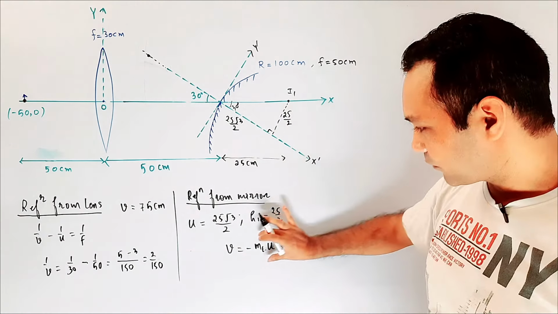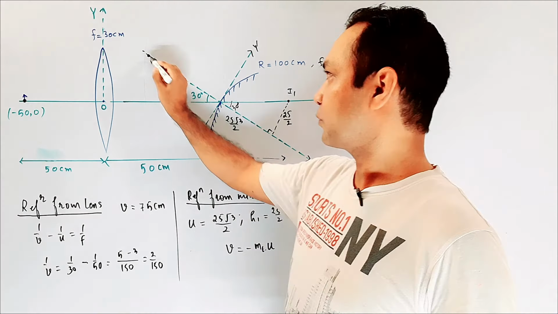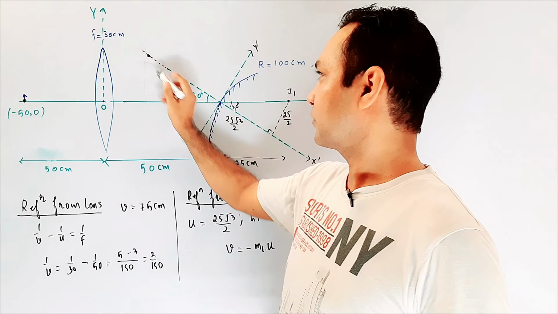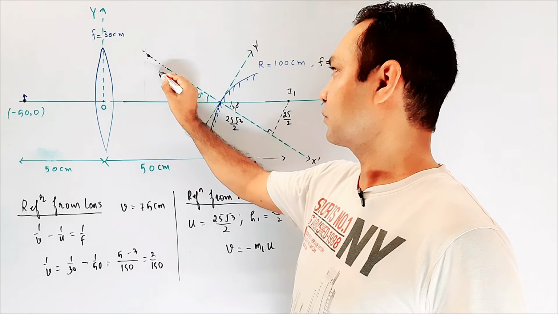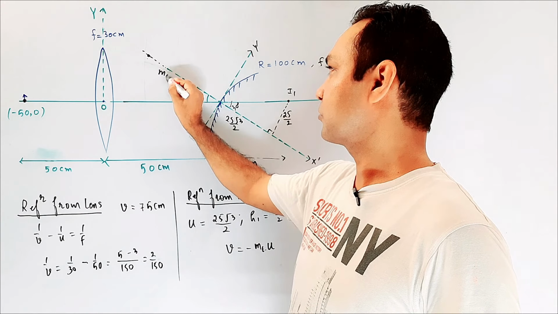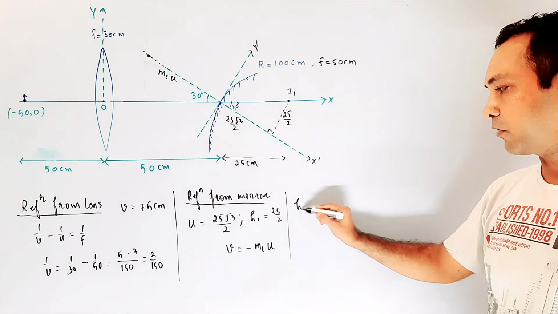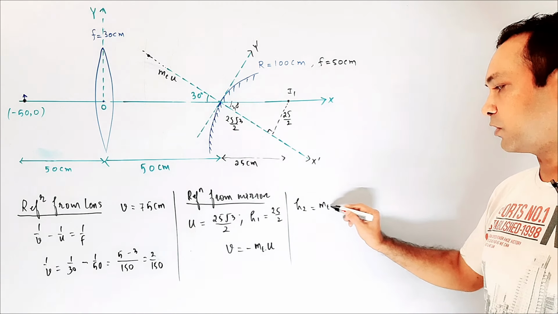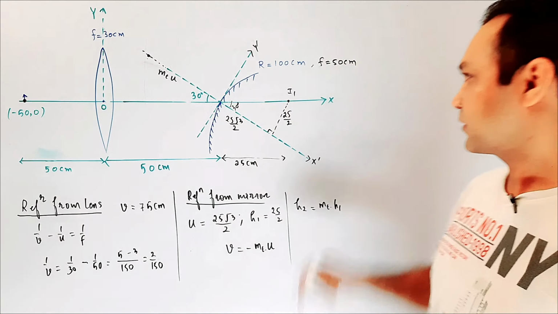So I'm just writing the magnitude of v. Suppose the x coordinate of the image is somewhere here, and this distance is from here. That distance will be mt into u, and the height of the image will be mt times h1, with everything taken with respect to this principal axis.